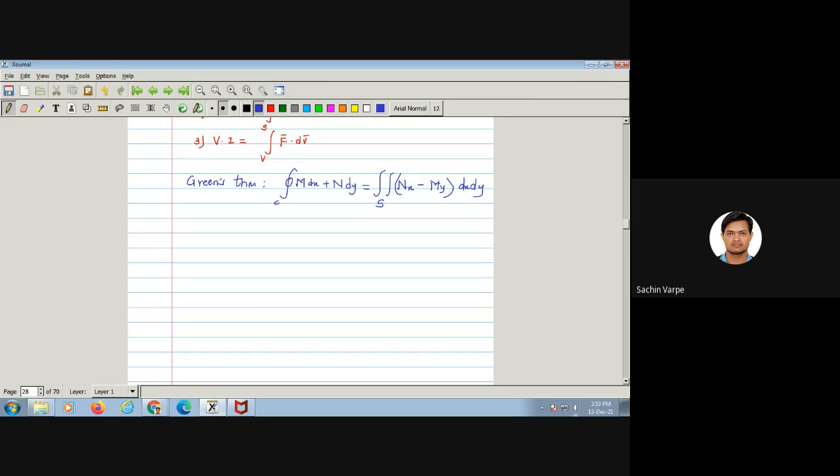Right? Green's theorem. Then the next is Stokes theorem.